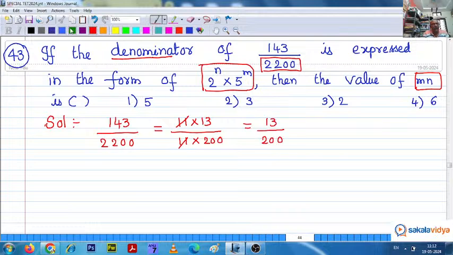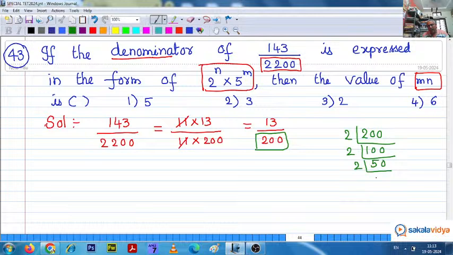Now this is the denominator we need to consider. 200 we need to express as the product of primes. 200 is 2 times 100, 2 times 50, 2 times 25, then 5 into 5. So the denominator, that is 200, can be written as 2 cube into 5 square.